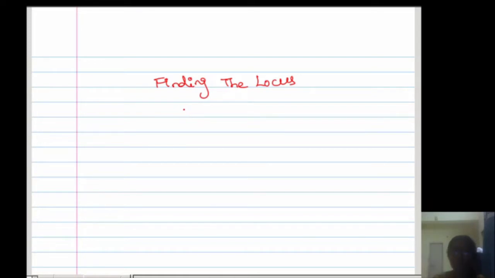We also discussed the geometrical meanings: how to represent a circle, a straight line, an ellipse, a hyperbola, and the bisector of a straight line AB. Now in this session I want to discuss finding the locus.